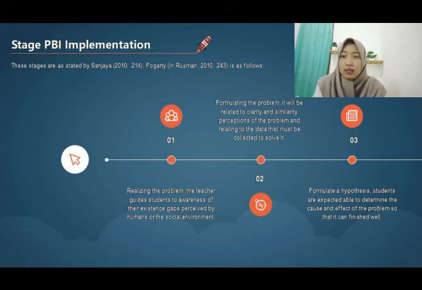The next point is formulating the problem. It will be related to clarity and similarity of perception of the problem and relating to the data that must be collected to solve it. The next point is formulating a hypothesis. Students are expected to be able to determine the cause and the effect of the problem so that it can be finished well.